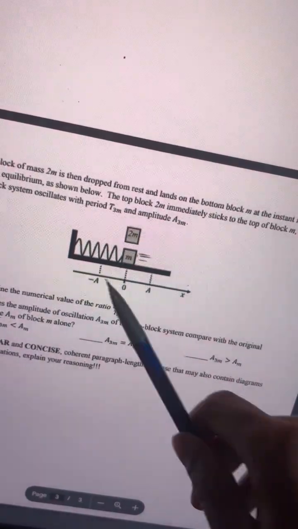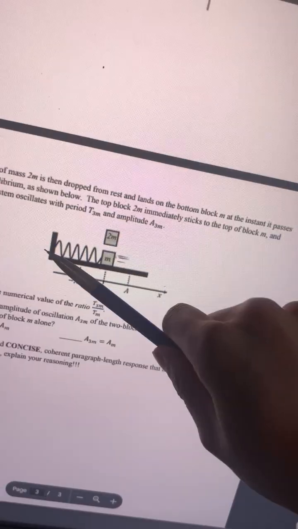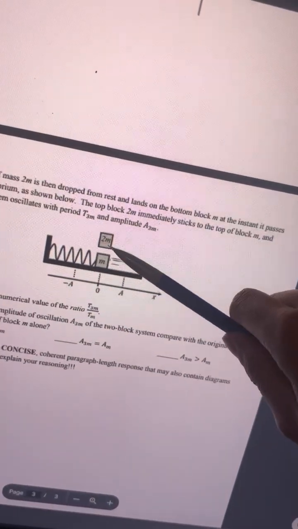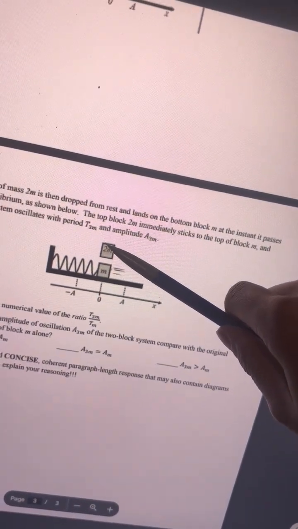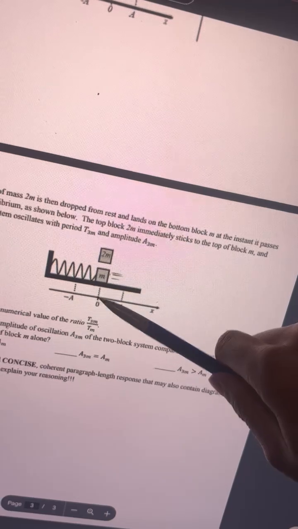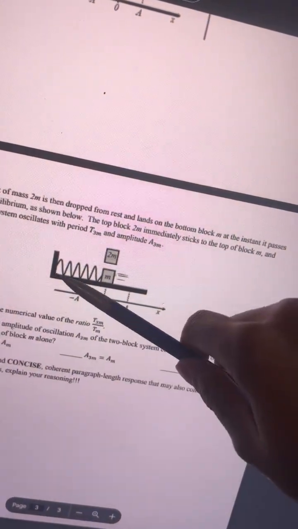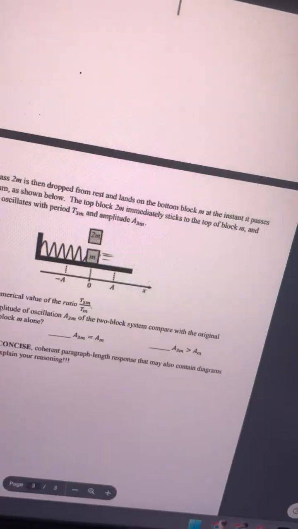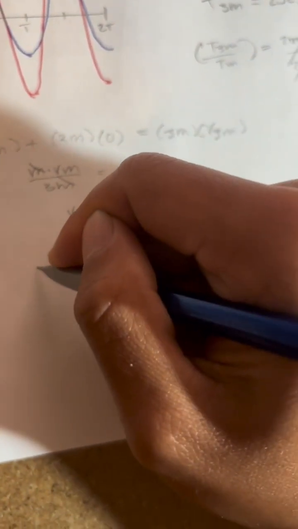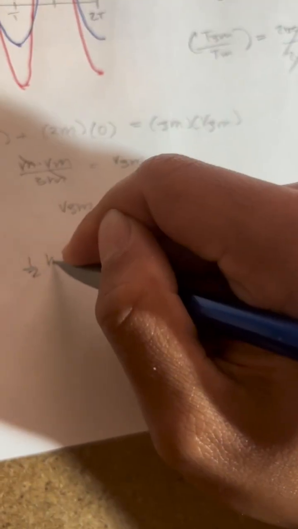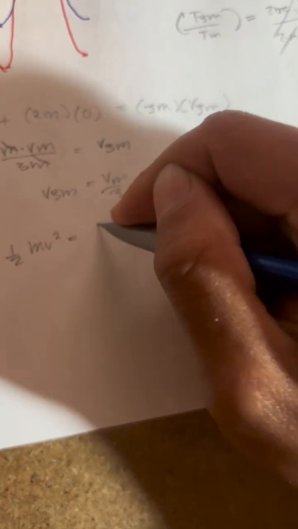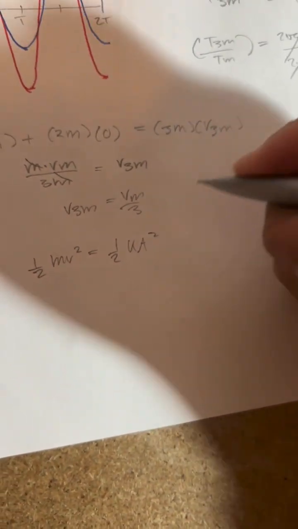All right, you'll see here that the floor is smooth, and 2m dropped on m at 0, so there's no potential spring energy, and the energy is conserved as well. So we can write 1/2 mv squared is equal to 1/2 ka squared.